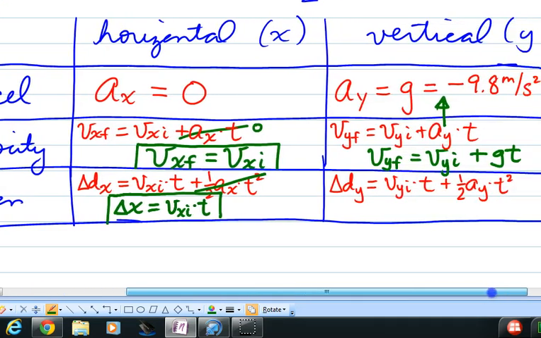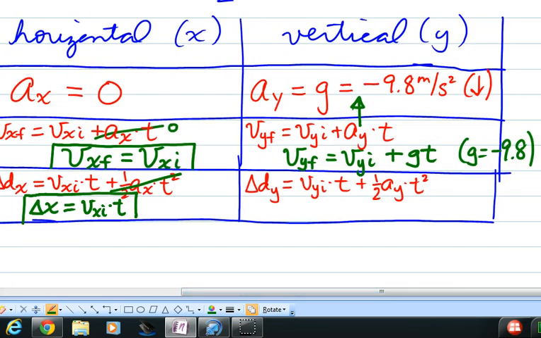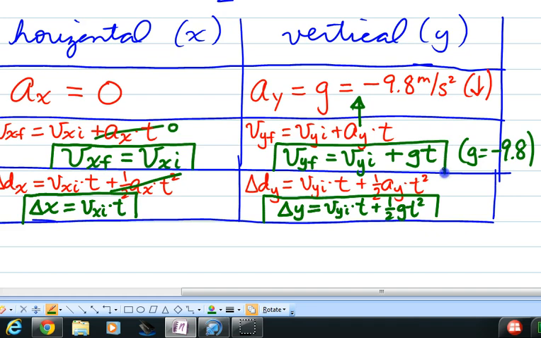Now we go over to the y position. Okay? So instead of delta dy, we can say delta y equals Vy initial times time plus 1/2 g t squared. So this is our equation for the y position as a function of time. Okay, so now let me zoom back out.